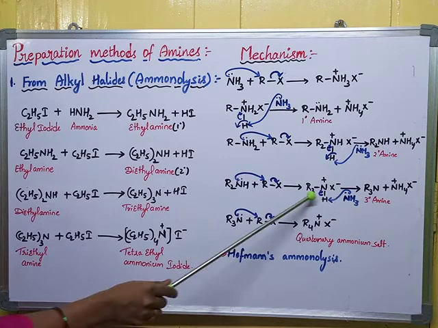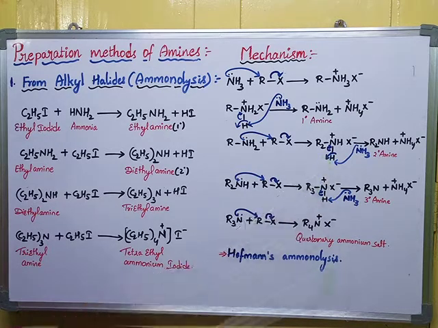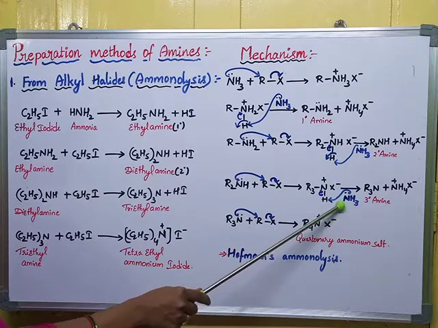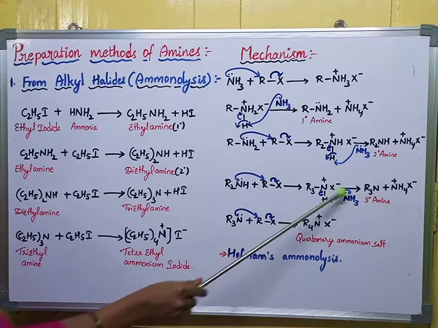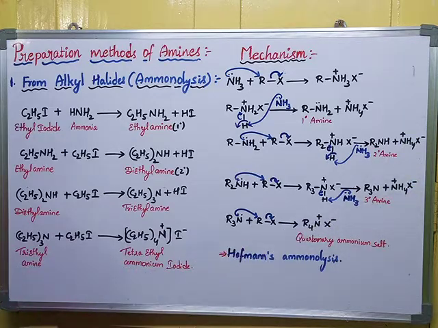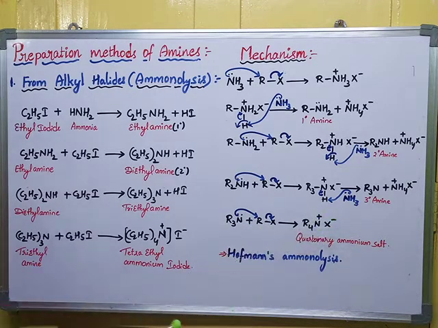Again this positive charge is stabilized by the donation of hydrogen electrons, and forms R3N, and NH3 again attracts this H+ and forms NH4+ X-, tertiary amine. Now this tertiary amine further reacts with one more alkyl halide, forming quaternary ammonium salt.